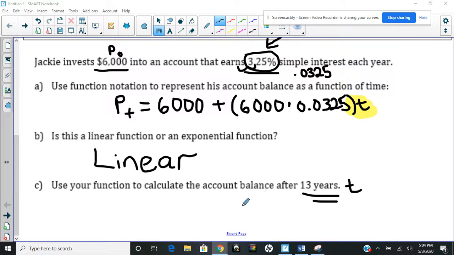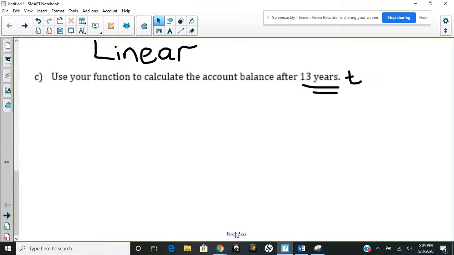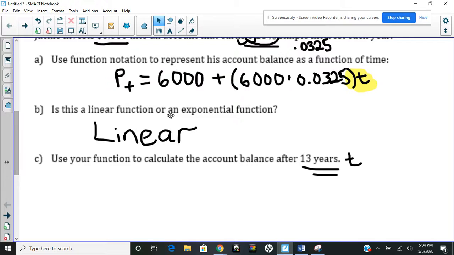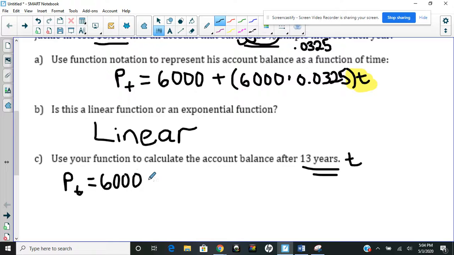So I'm going to say P of t, because I still don't know what my answer is, equals 6,000 plus parentheses 6,000 times 0.0325. And this time, instead of putting t there, I'm going to put a 13.